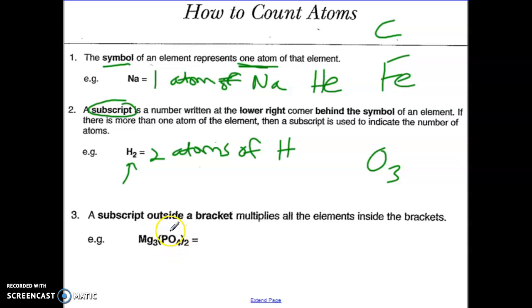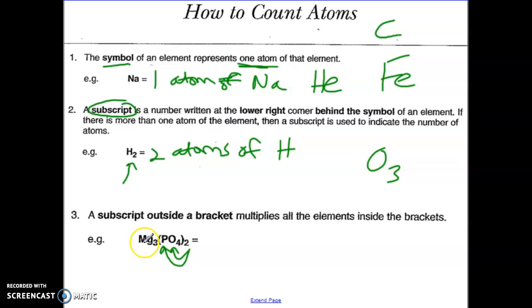Now, you're also going to start seeing subscripts that are with elements inside brackets. Okay, so how this works is the number that is outside of the bracket applies to the items that are inside the bracket.